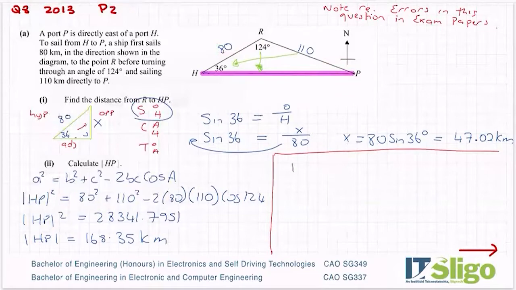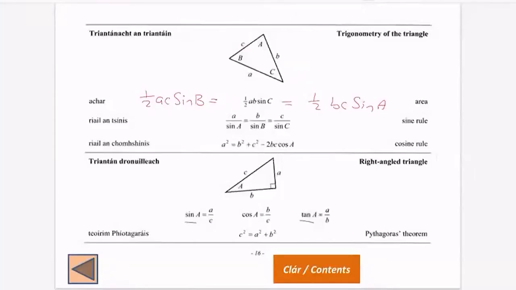Okay, so we have HB over, so my sine rule is side over the sine of the angle across from it equals side over the sine of the angle across from it. And always remember, guys, if it's an angle you're working out, it is perfectly acceptable to write the sine rule as sine A over A is equal to sine B over B. You can flip the whole thing, and it's really useful if you're using the sine rule to solve for an angle.